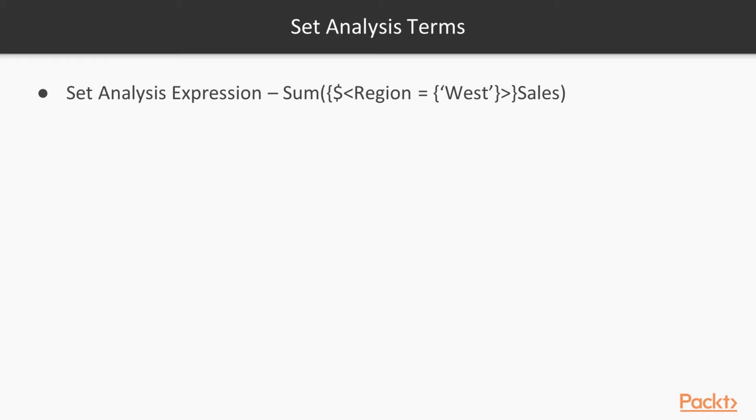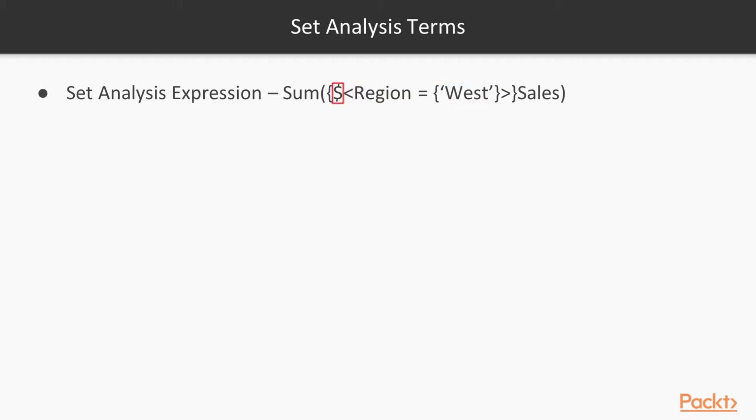Then a field is given, region, with the operator equals, indicating that region equals west, and west is again surrounded by curly brackets and single quotation marks. After that, you have sales as a field. So what it is basically doing is the summation of sales for only the region where region equals west.